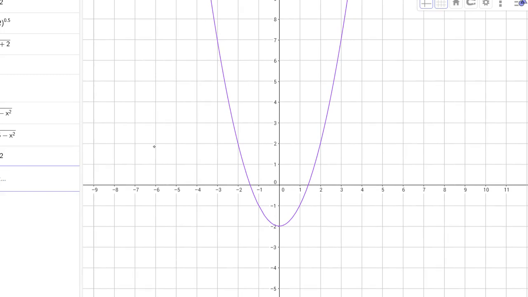It expands from 0 to positive and negative. But then my y, my range, should be from 2 up and up. It should not be less than 2.